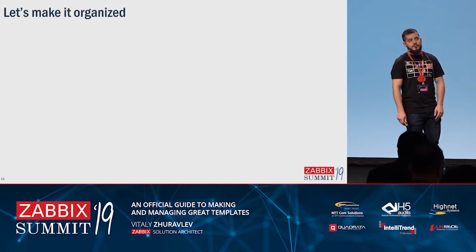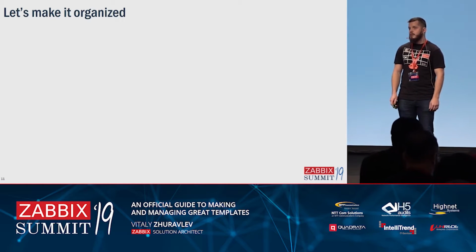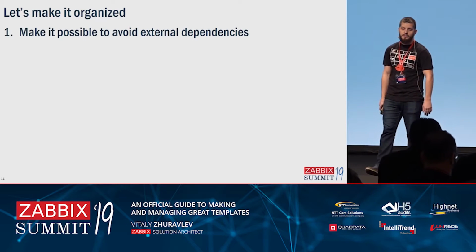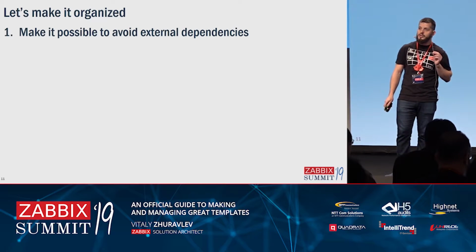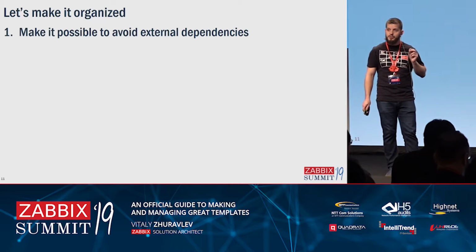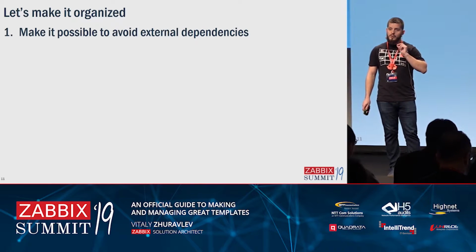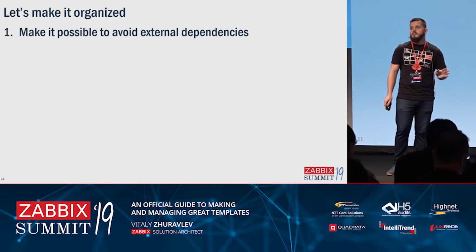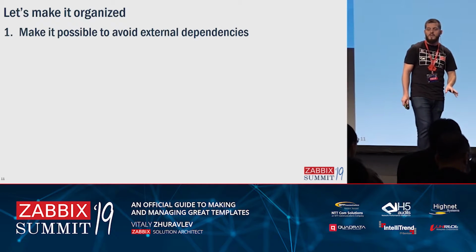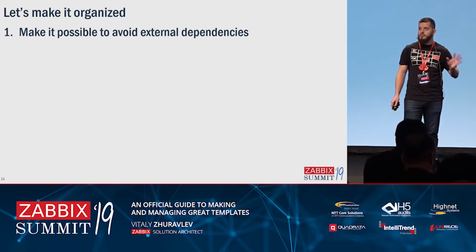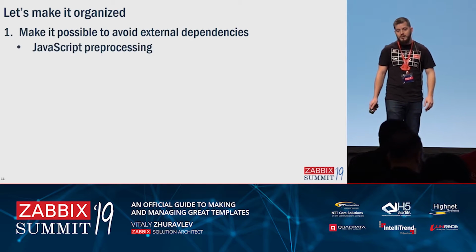Okay, so let's try to make those things a bit more organized. First, in Zabbix, we're trying to remove all external dependencies from templates, so you don't have to rely on them as much as you did before.